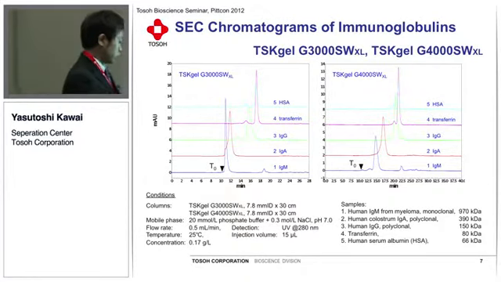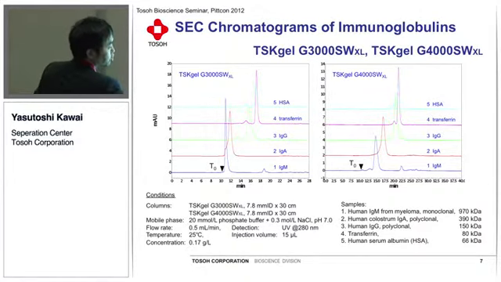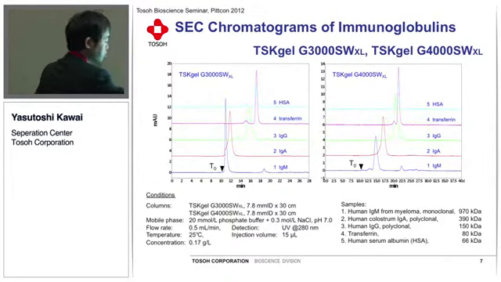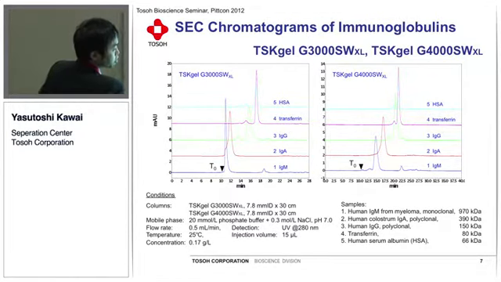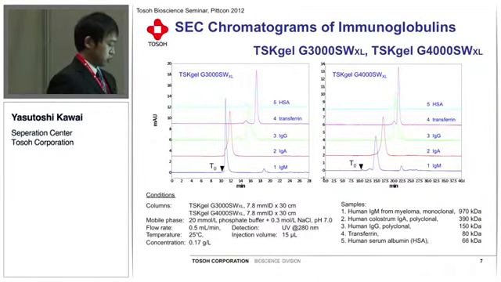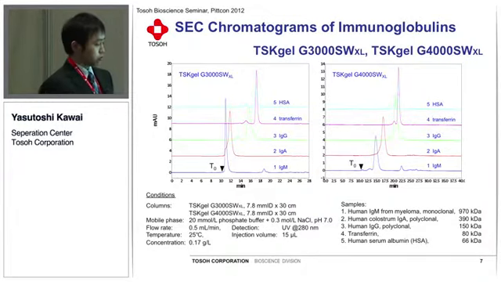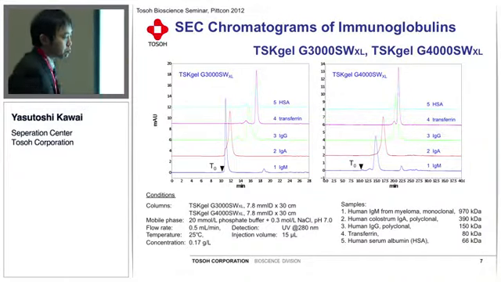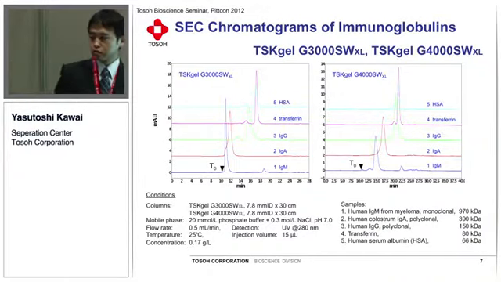Here you find that the peaks of IgM, IgA, and IgG showed some distortion in the peak shape. That implies that these antibodies were heterogeneous due to the fact that they are polyclonal. Next, please.